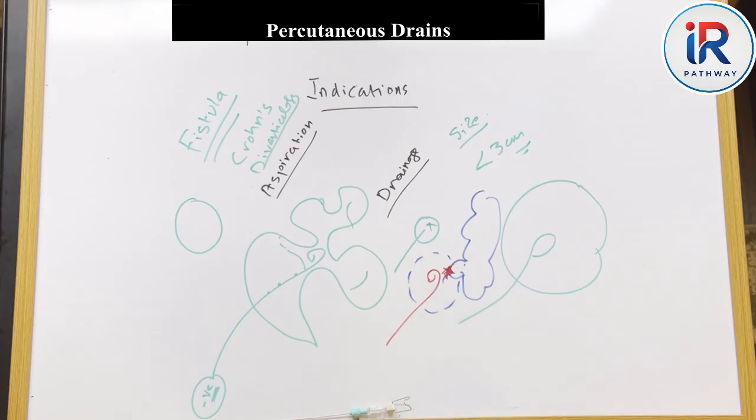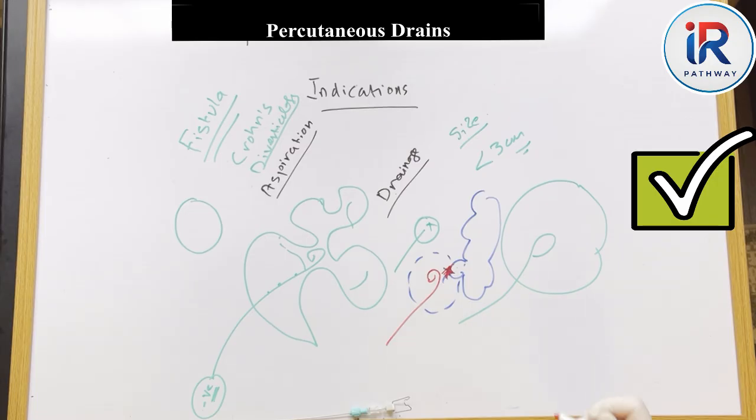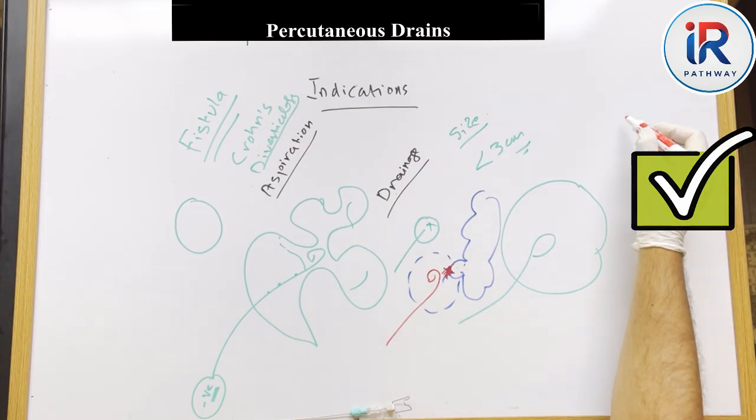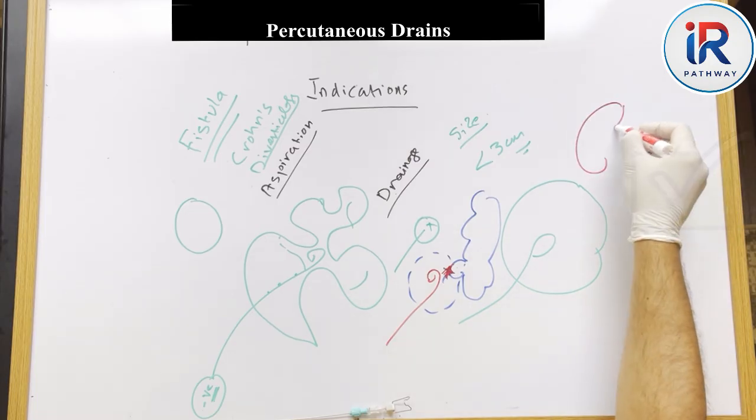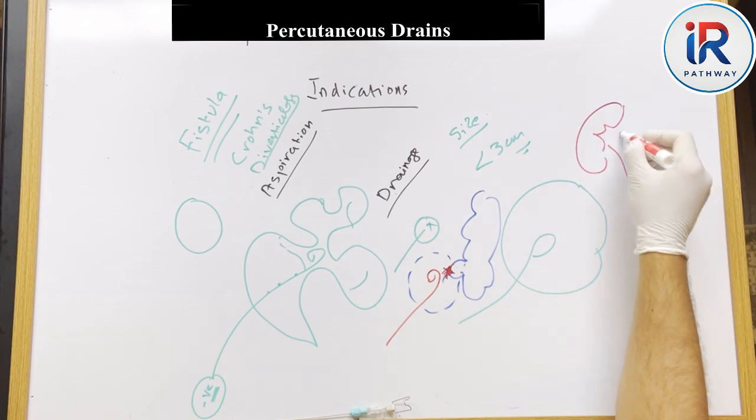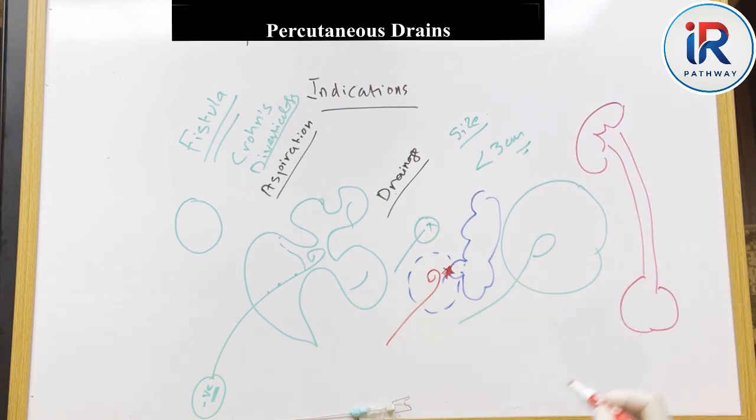The same concept applies in cases of leakage, whether it's bile or urine leak. For example, say here is the kidney, the ureter, and the bladder. With invasive pelvic tumors, especially advanced uterine cancer in females, a fistula may develop between the distal ureter and the vagina.